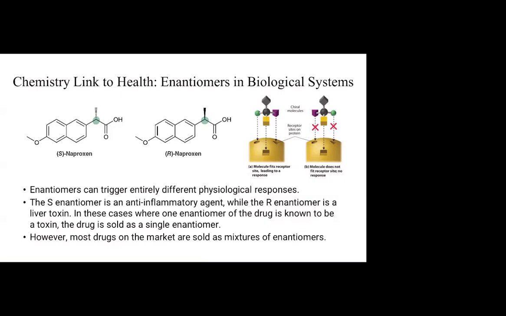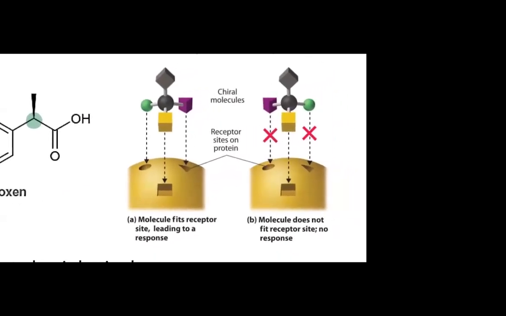Now, why is it that they may cause different effects? Because whenever chiral molecules enter the body, they need to be received chemically by what we call, in biochemistry, receptors. This is just an analogy, I don't know if you have played the game Operation, in which you put shapes into holes. Just think about that in your cells: you have these biomolecules that have specific spaces for a particular configuration of the pieces of a molecule.